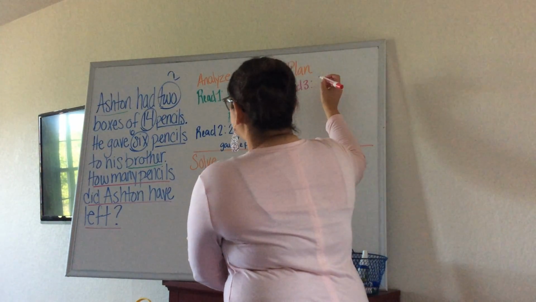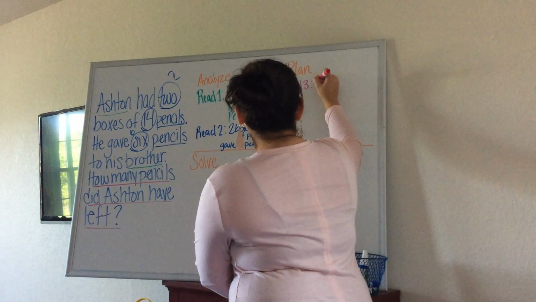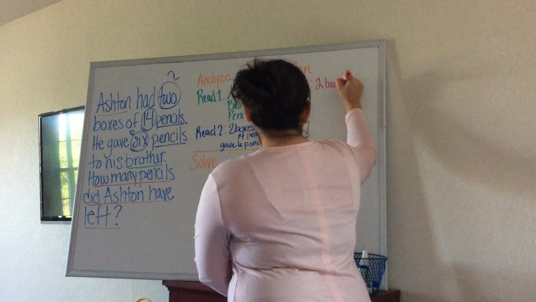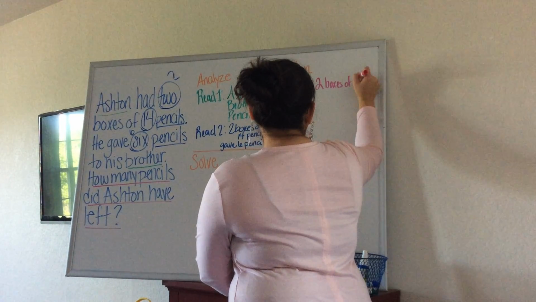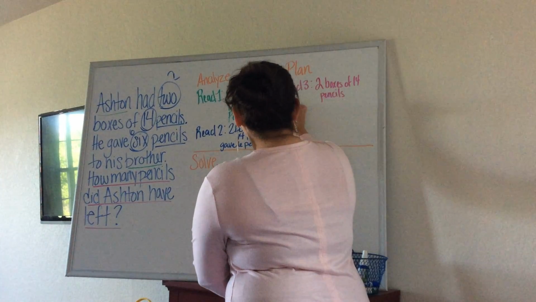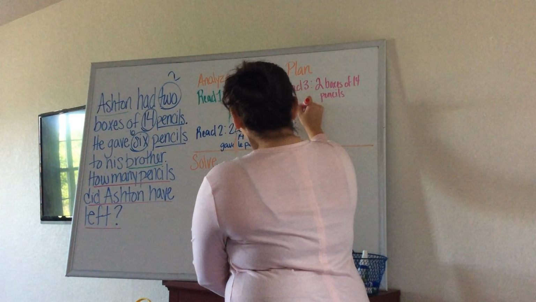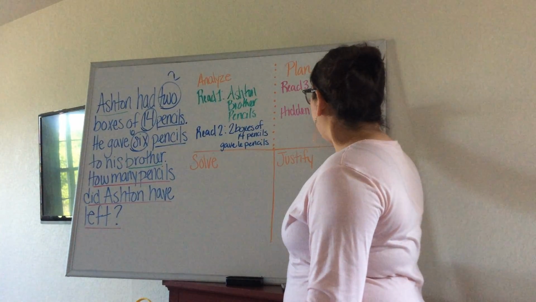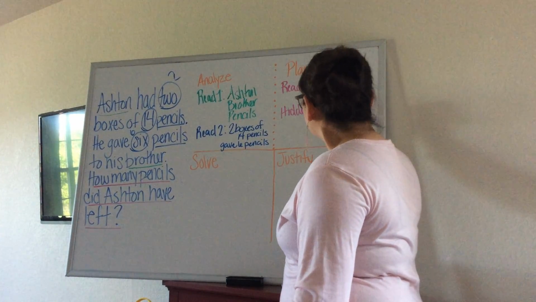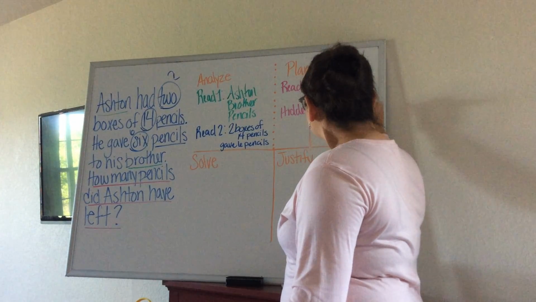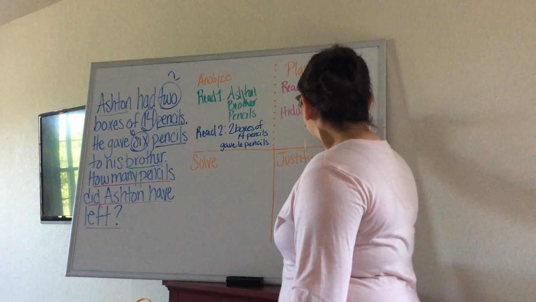Yeah, that's good. Let's say he has to do 2 boxes of 14 pencils. So we have a hidden question here. Our hidden question is, how many pencils did he start with?